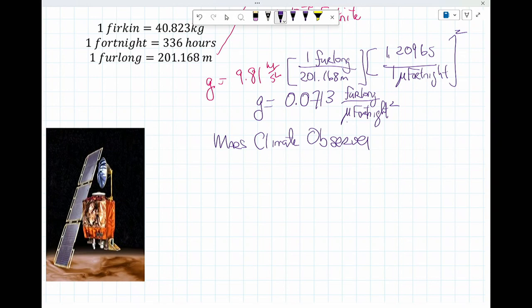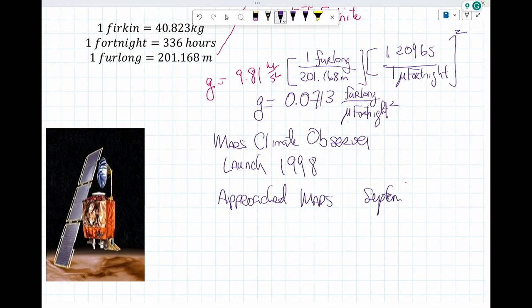And they sent back in 1998, before I think you were born, I know before you were born, this was launched in 1998. It approached Mars in September 1999. And then it disappeared.